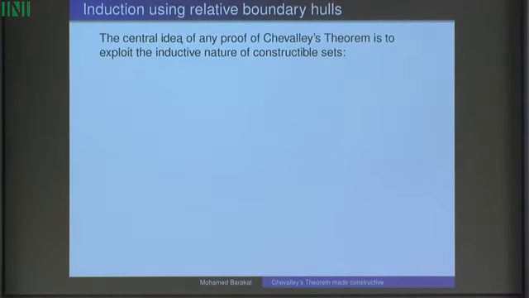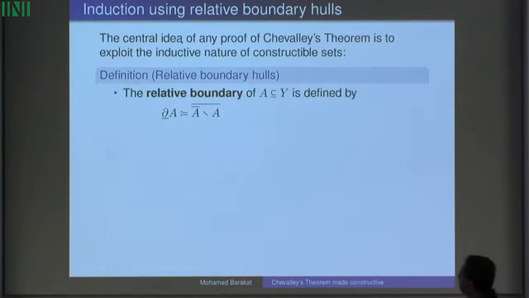The central idea of any proof in the literature of Chevalley's theorem is to exploit the inductive nature of constructible sets, and this is what I will be explaining on the next slides. Our central definition, which somehow clarified the picture of all the proofs, is a notion which we were not able to find in the literature, but maybe it's there somewhere. The relative boundary of A is defined as the boundary of A in its closure.